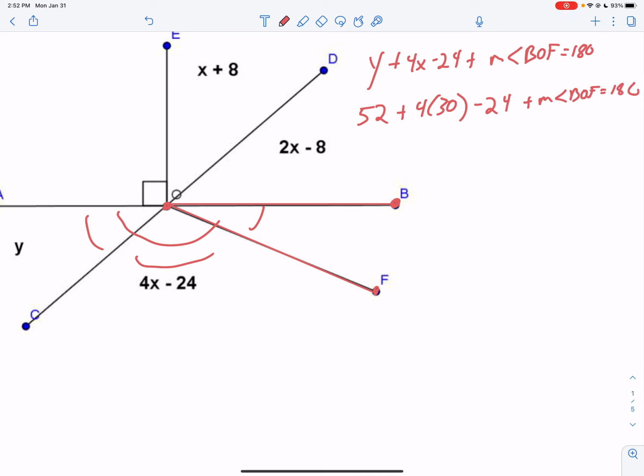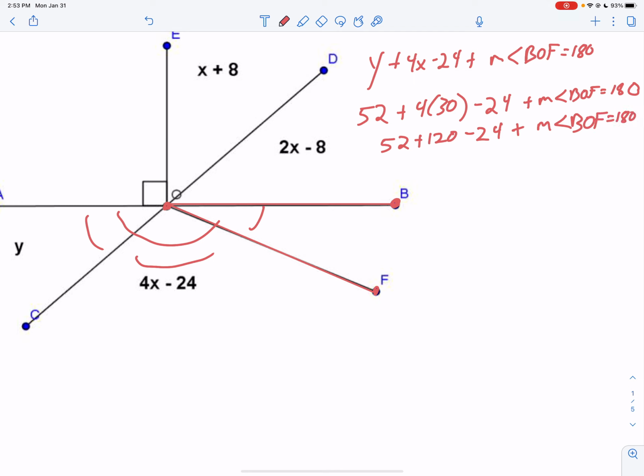So let's simplify a little bit before we start messing with this. 52 plus 120 minus 24. Excuse me, that wasn't actually a sneeze. Well, the thing I was writing wasn't a sneeze. The sneeze was real. Don't worry.